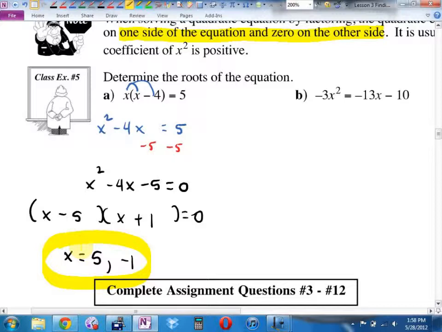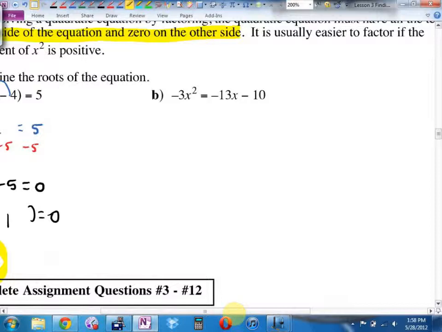No, if you say -1 and 5, that's fine, but make sure the 5 is positive and the 1 is negative.